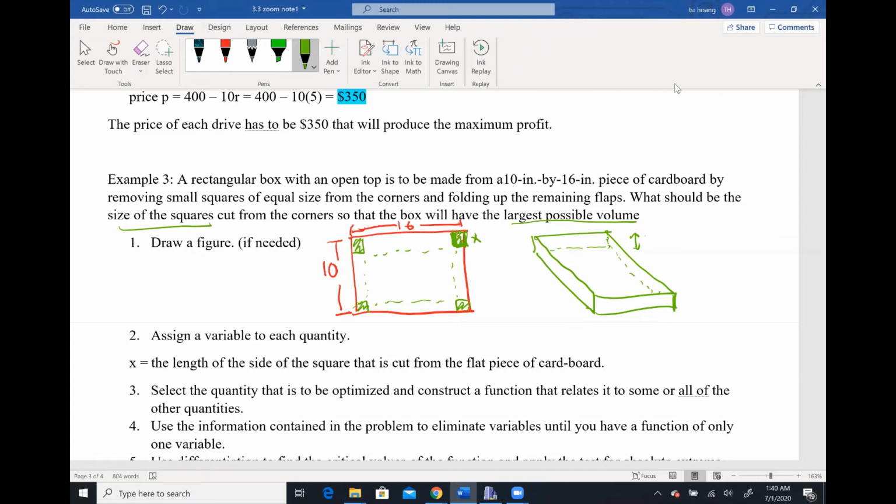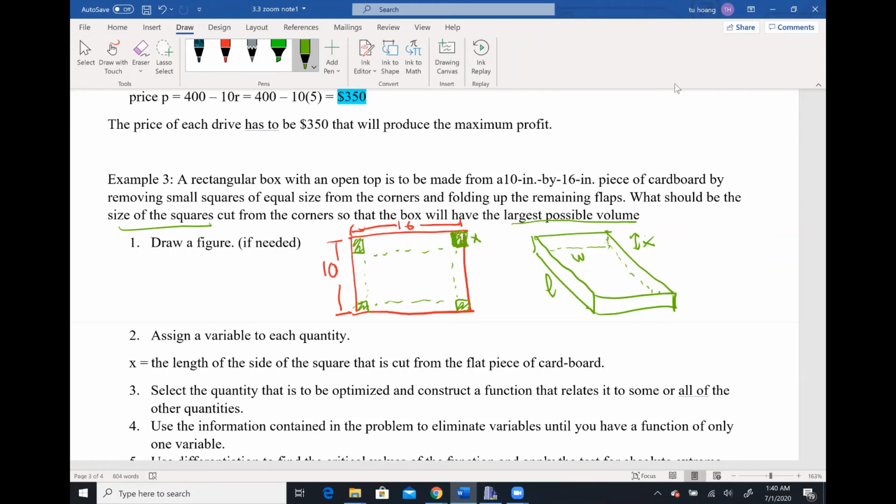What is it? It has to be x. But you also need to know the area of the base, which is width times length. So we need the length and the width.